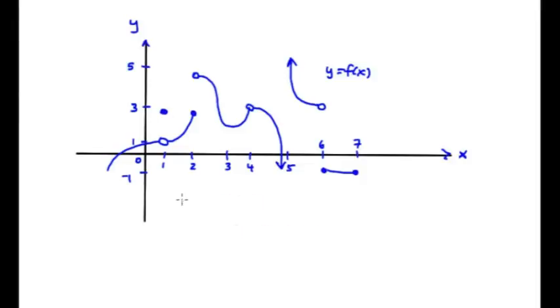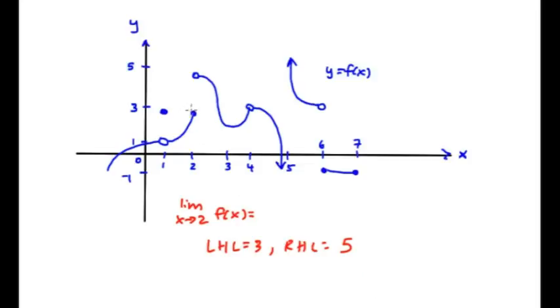What about the limit as x approaches 2 of f of x? Well, the left-hand limit, we go up and up and up and we hit 3. Left-hand limit is 3. And the right-hand limit is, we go down here, follow it up to 5.